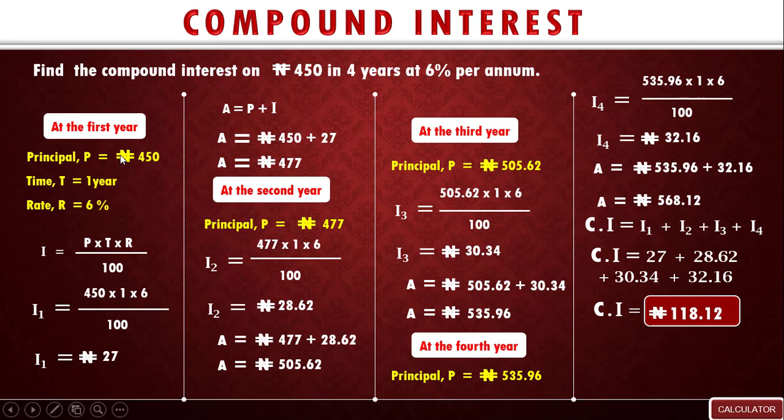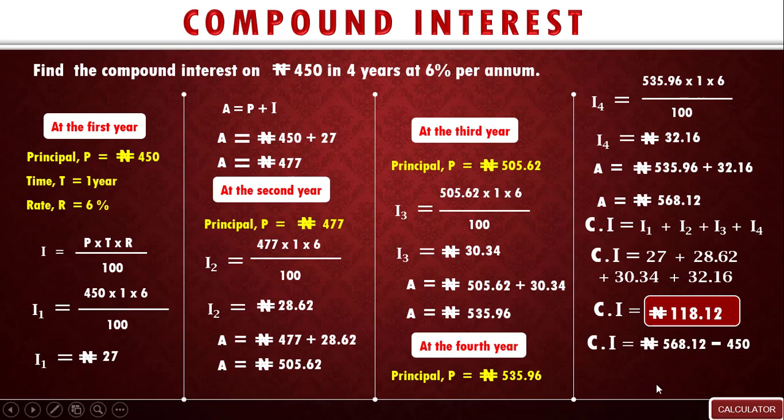We can also calculate this using the formula, whereby the last amount that we got, we say this last amount minus the principal that we used for the first investment, and that is 450. So our compound interest can also be this value: 568.12 minus 450. This is the amount at the 4th year, and this is the money we invested at the 1st year.